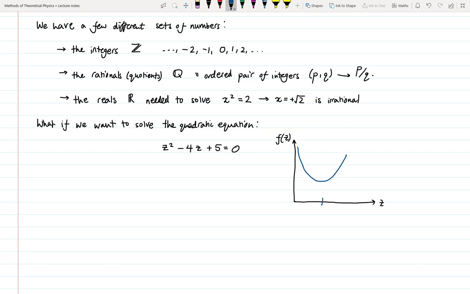It has a minimum at z equals 2, and the minimum value of f of z is 1. Now, clearly, this plot does not intersect the z-axis. And what this means is that f of z equals 0 has no real solutions.